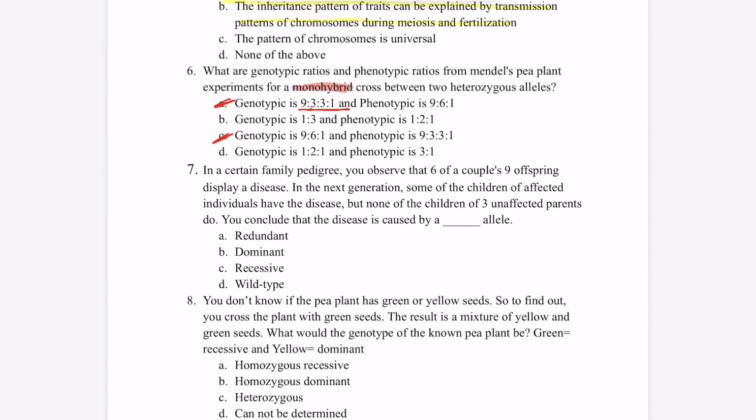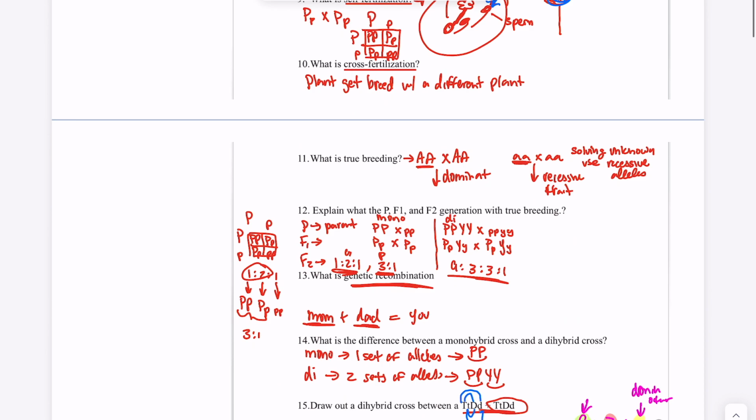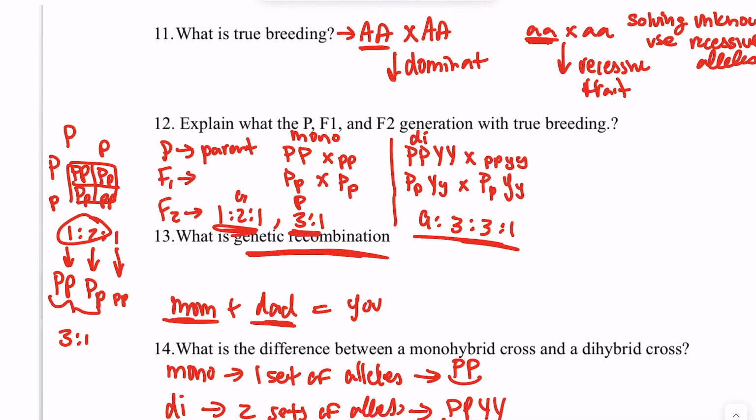Now, B and D, we just have to make the correct associations between genotype and phenotype. And as we saw earlier, when we did question 12, we saw that genotypically we had a 1-to-2-to-1 ratio, and phenotypically we had a 3-to-1 ratio. So the correct answer is in fact D.